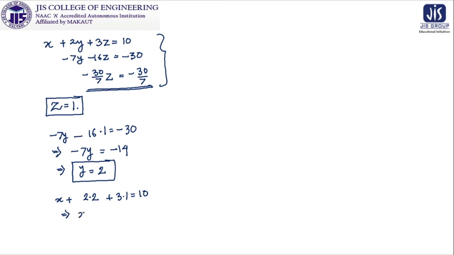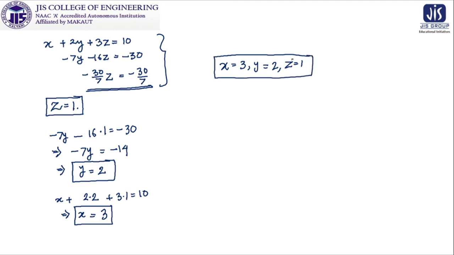So in the next line I can write x is equal to 10 minus 4 minus 3, that is, we get the value of x is equal to 3. And finally we have reached our target: x is equal to 3, y is equal to 2, z is equal to 1, and this automatically satisfies this equation.